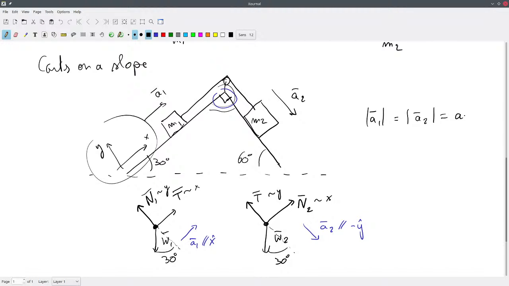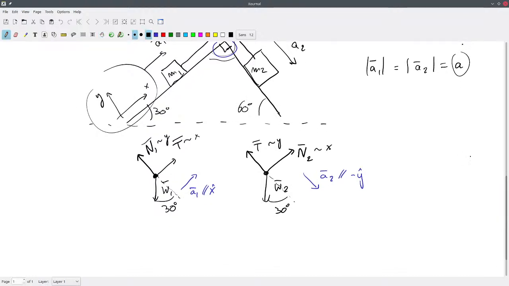Now if we were to ask what is the value for a, we can, of course, write an equation for free body diagram 1. m1 times the acceleration will be T minus the weight, so m1 times g times the sine of 30 degrees.